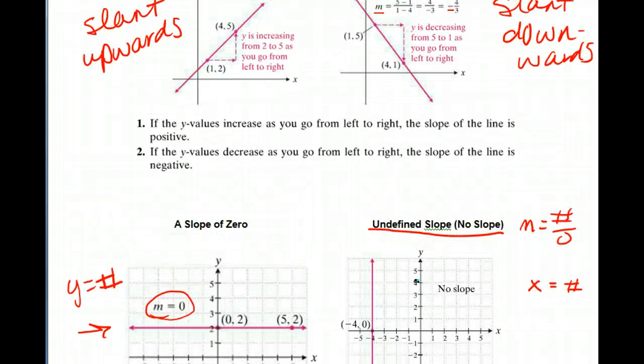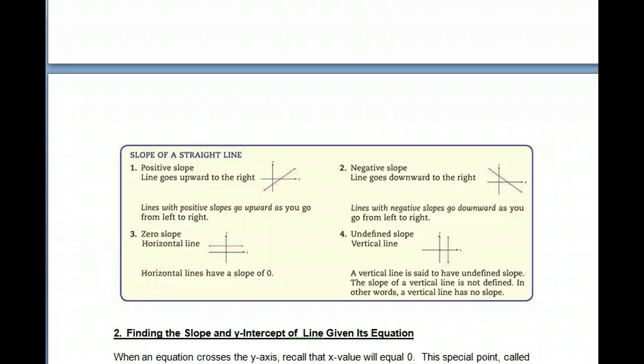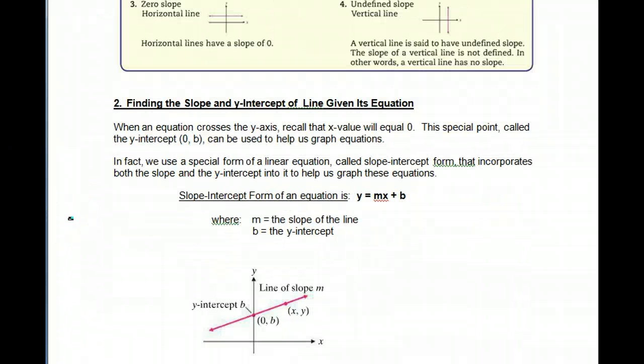So that's what each of the slopes are going to look like. And this little chart here just reviews those 4 types of slopes and gives you a little bit of information to study from.